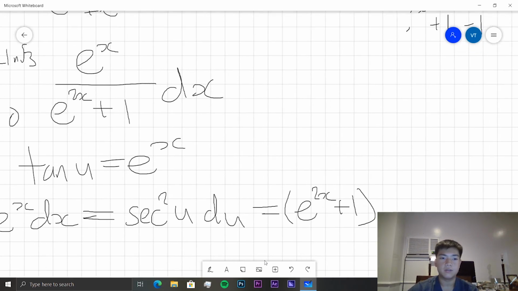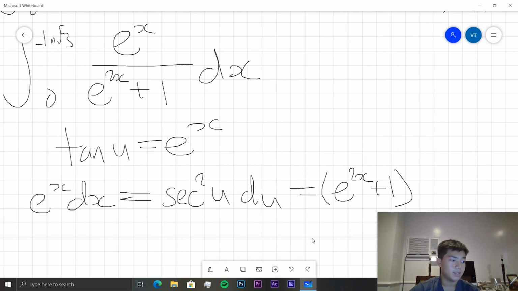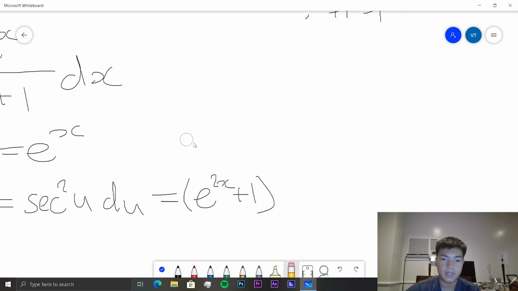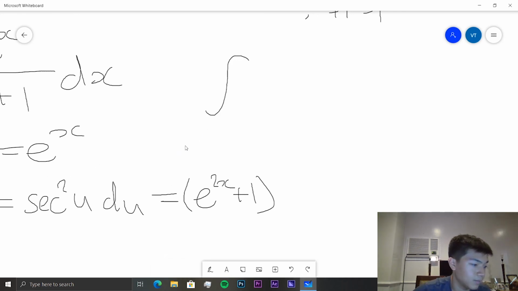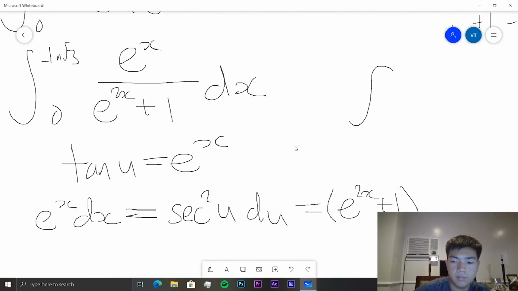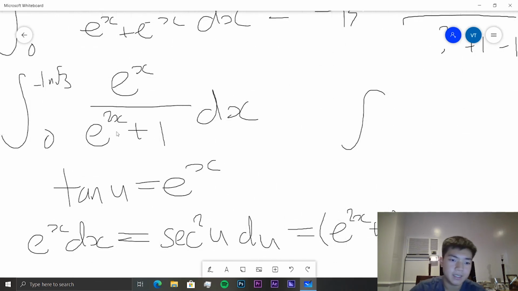Okay, so this is cool. Then this is equal to technically nothing left, because we multiply by the opposite of this. So we need to convert the limits. Tan u is e to the x, so when e to the 0 is 1, tan u is 1, and e to the negative ln root 3 gives tan u is 1 over root 3.